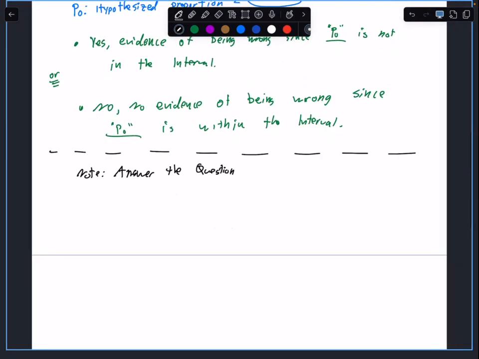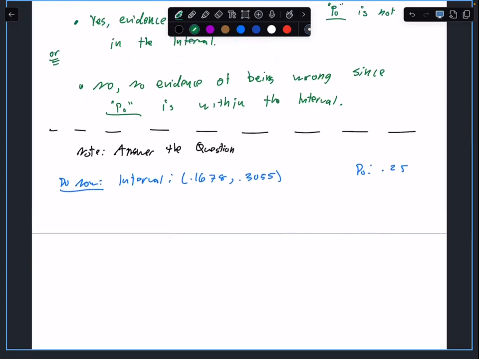So in the do now, my interval was 0.1678 and 0.3055. My P0, my hypothesized, was 25%, which was 0.25.